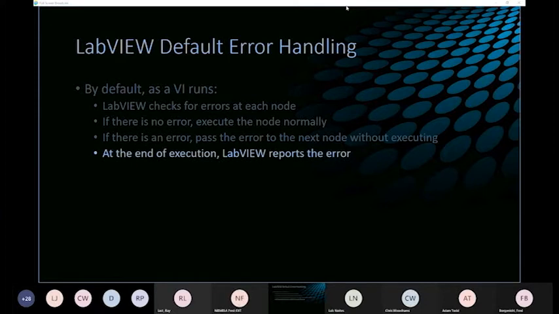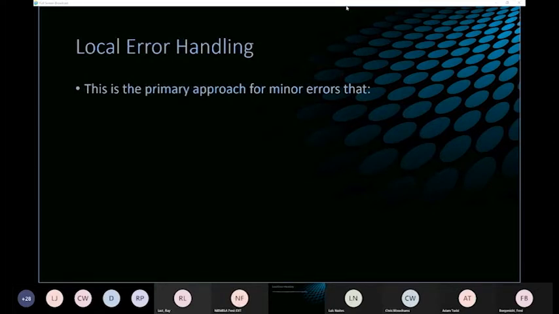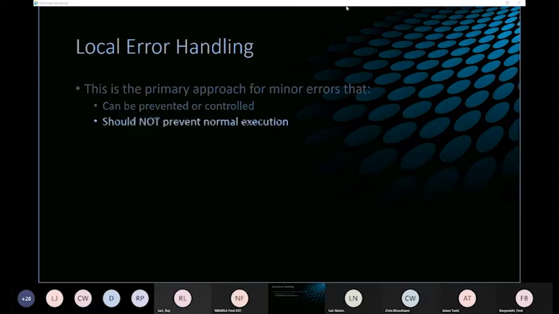And at the end of that, we report it, usually with the simple error handler in many cases. So that's the default error handling. And that's the primary approach for minor errors that can be prevented or controlled, right? These are simple errors that aren't that critical. Also, these errors should not prevent normal execution of your application or system.